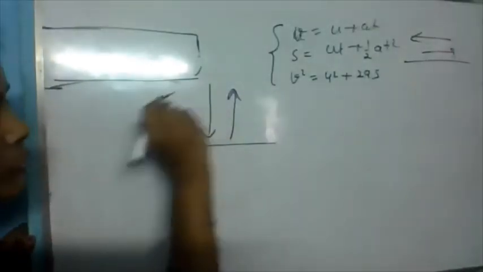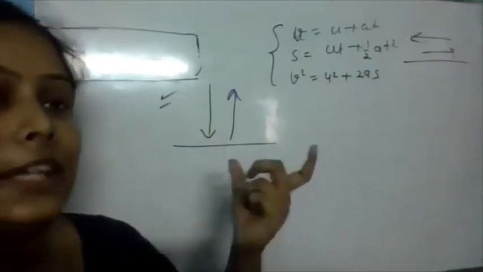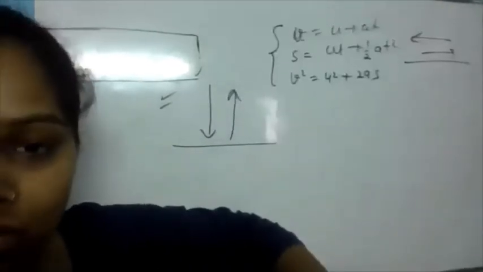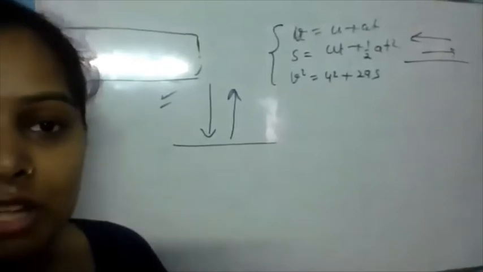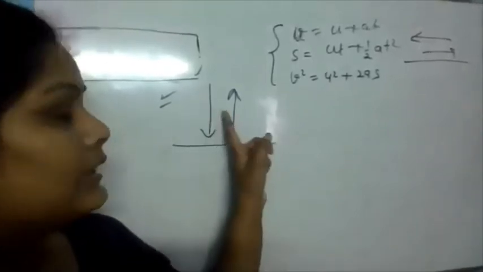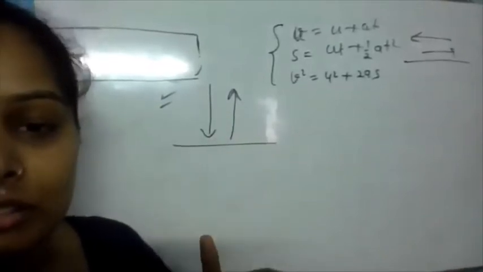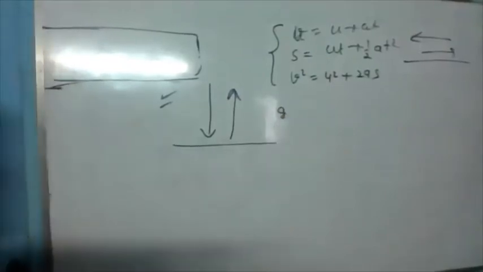Now I want to talk about this kind of motion. When any object is simply falling freely towards the earth, then gravitational force comes into the role. And because of that force, this object feels an acceleration due to gravity, which is denoted by small g.